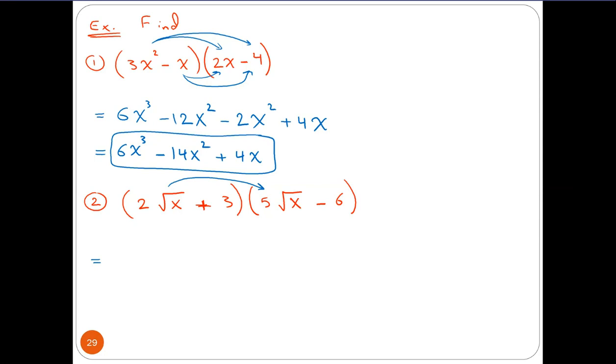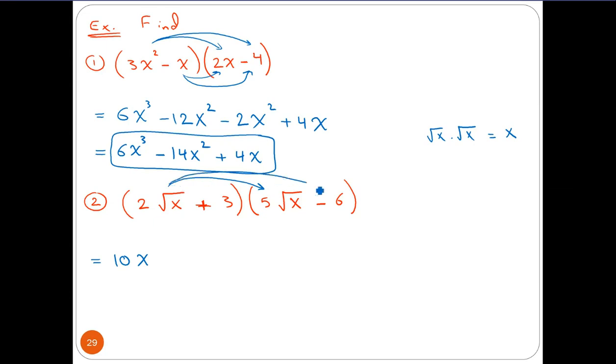Look at this. We can multiply radical x with radical x, because radical x is x to the power half, and half plus half, we have x. So we multiply 2 by 5, 10, and x to the power 1, because radical x multiplied by radical x is equal to x.